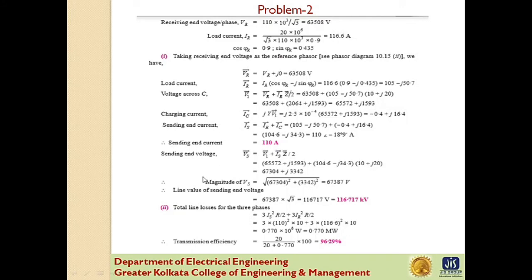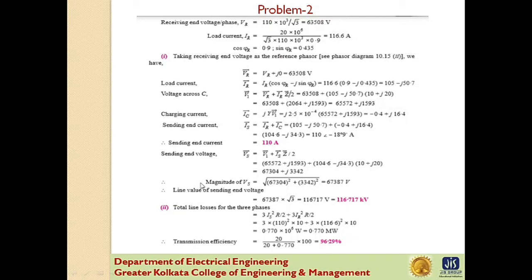Now we calculate the sending end voltage. Vs is equal to V1 plus Is into Z by 2. Putting the values of V1, Is and Z, we get the final value of Vs, which is equal to 67304 plus j3342.